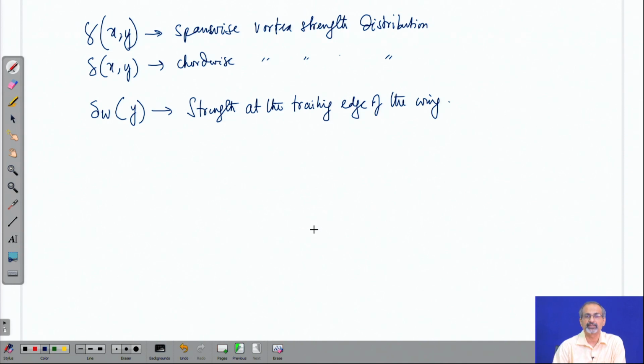Why we are aiming for that is, once we work out this downwash, we will find out the upwash due to the free stream, and then we would equate them to 0. That means, the sum of the upwash and the downwash, once we equate it to 0, will ensure that the wing surface becomes a streamline of the flow.